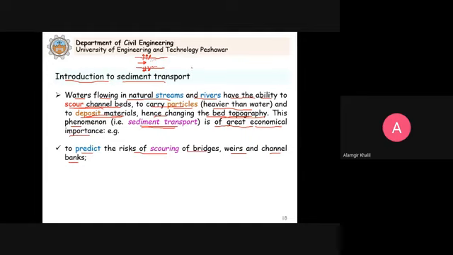Similarly, for example, let's say this is a natural river, and we have a reservoir that is built.